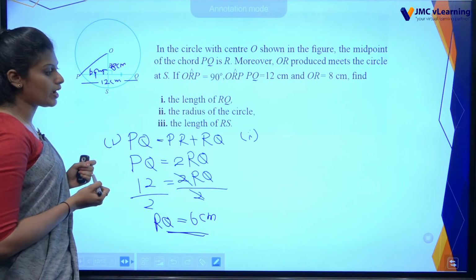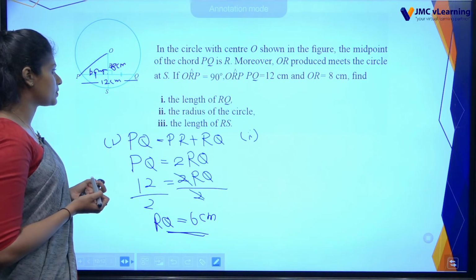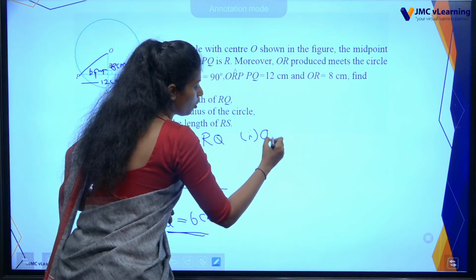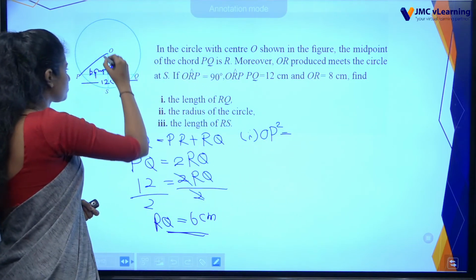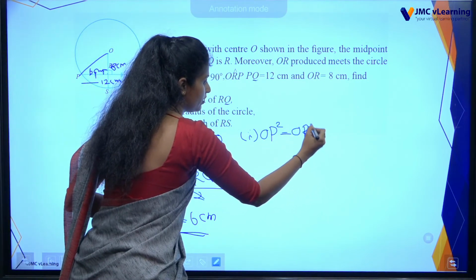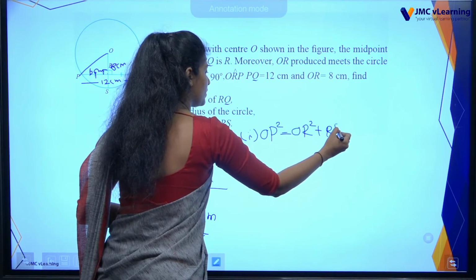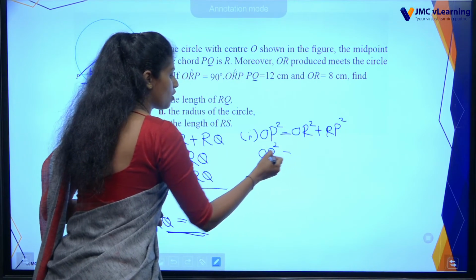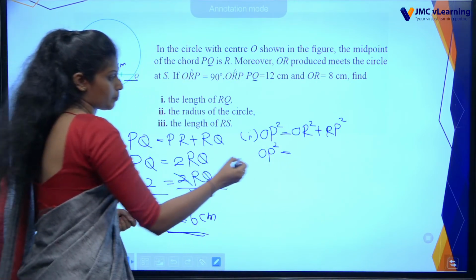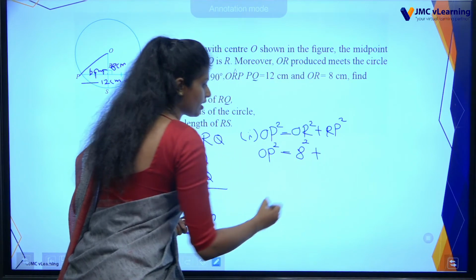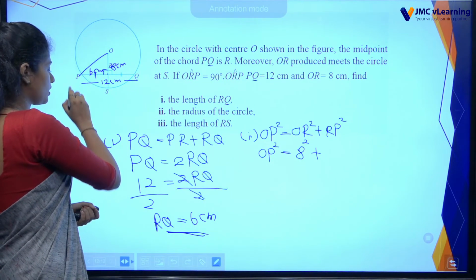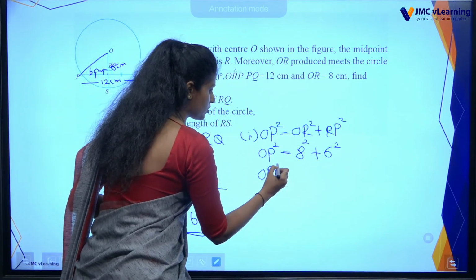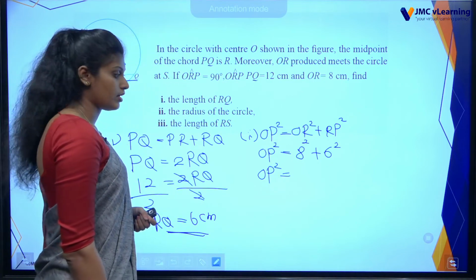Now let's put the Pythagoras theorem to that ORP triangle. OP is the hypotenuse. OP squared is equal to OR squared add RP squared. OR is 8 and RP is 6. Then OP squared is equal to 8 squared add 6 squared.